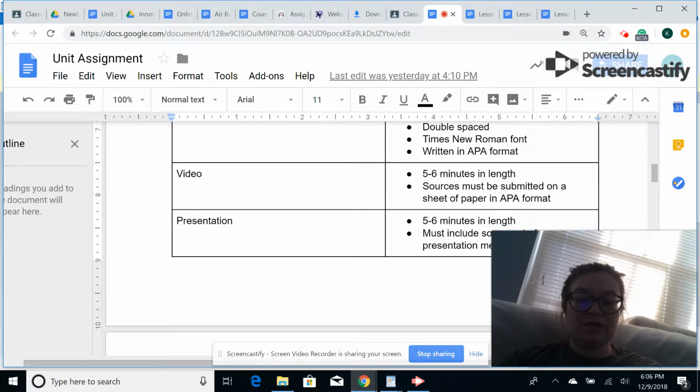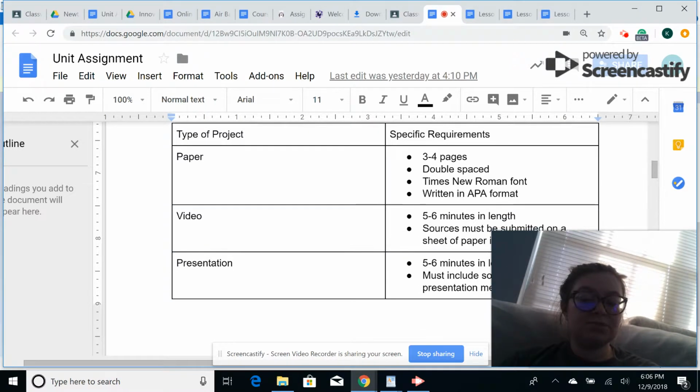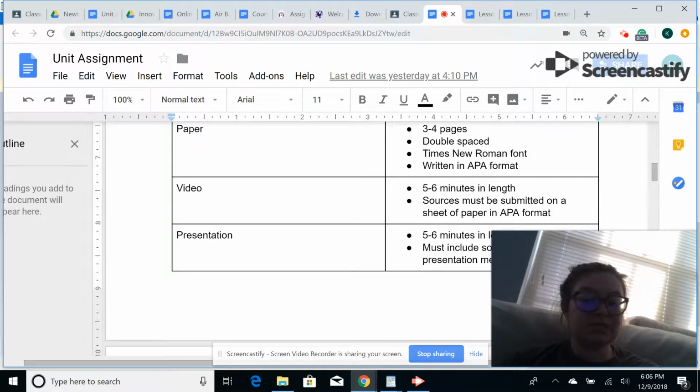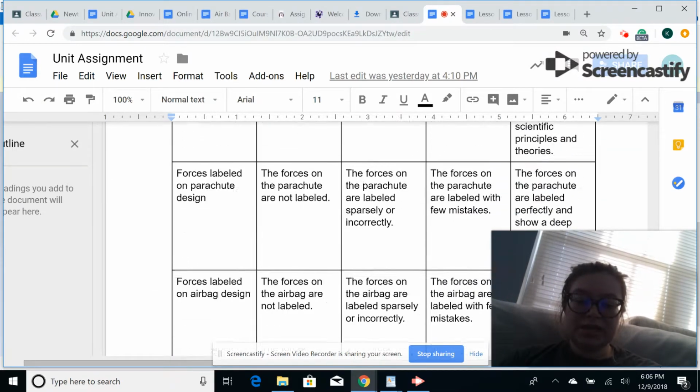Then they have 3 different methods to present what they learned. They can write a paper, they can do a video, or they can do a presentation. And their rubric is attached right here.